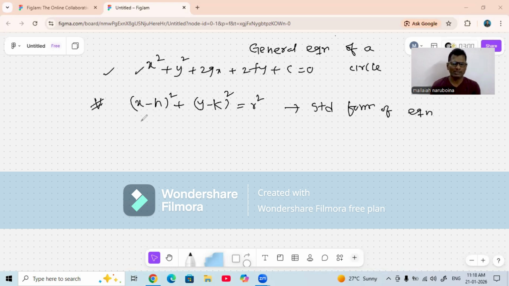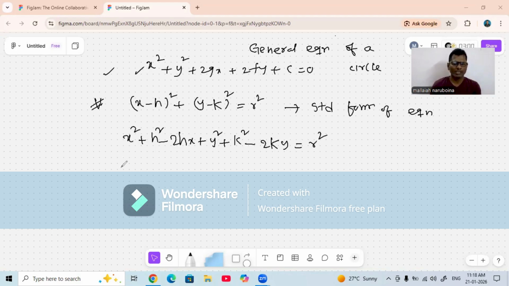Let us try this. Using a minus b whole square, that is x square plus h square minus 2hx plus y square plus k square minus 2ky is equal to r square.